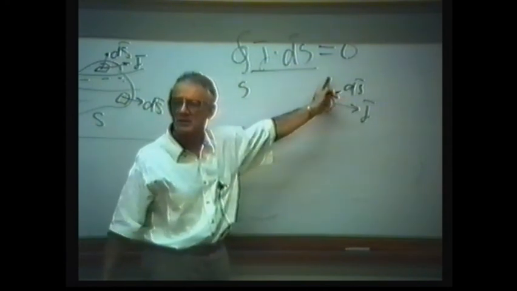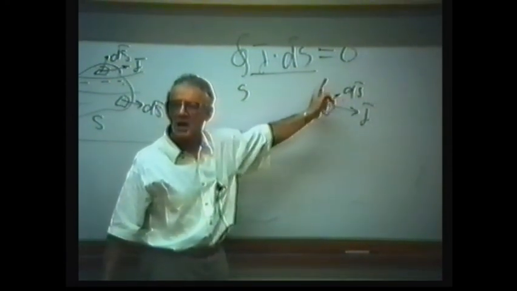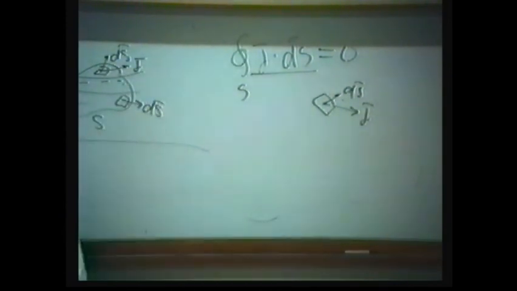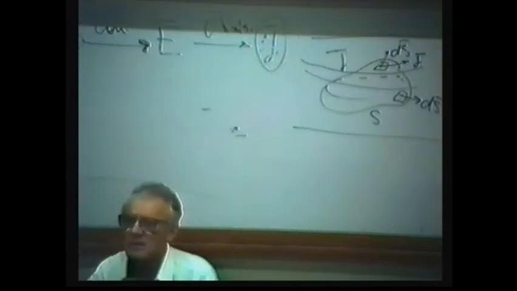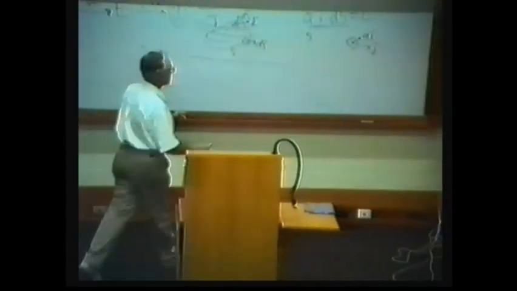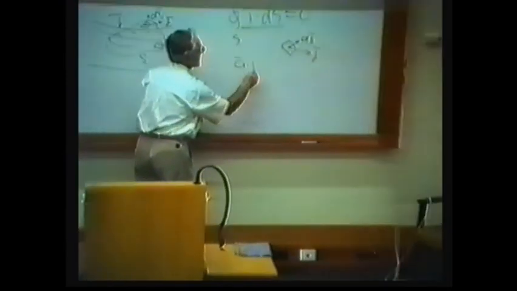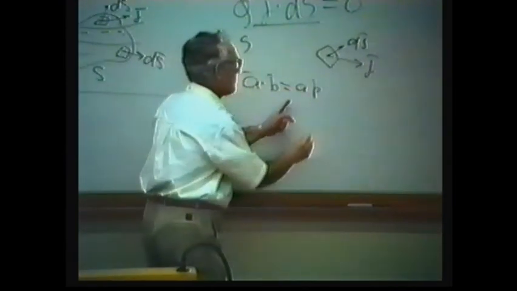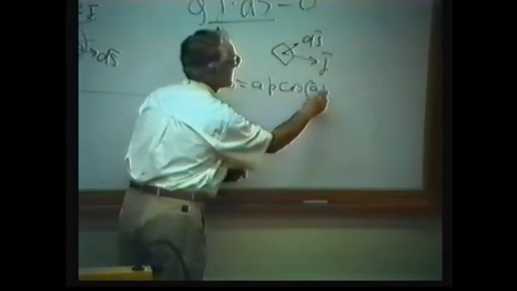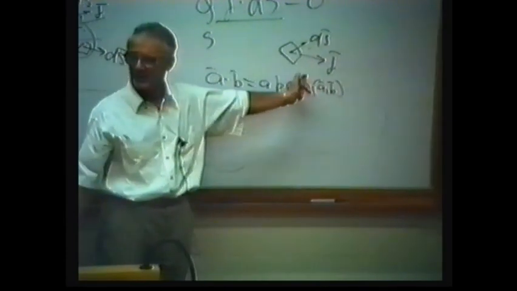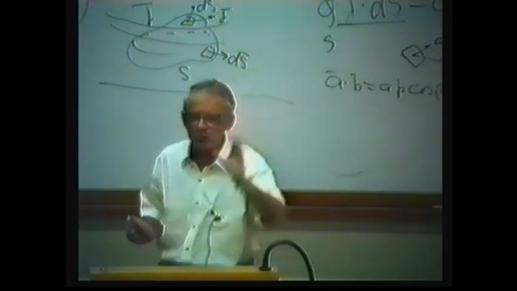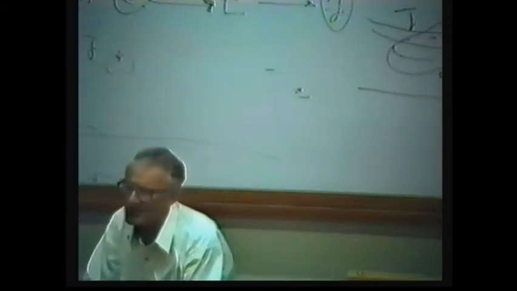When is it positive? When the angle is less than 90 degrees, this product is positive. Why? Because the dot product of vector A and vector B equals the magnitudes of A and B times the cosine of the angle between them. Clear? So when charge is moving from inside to outside, we have a positive contribution.